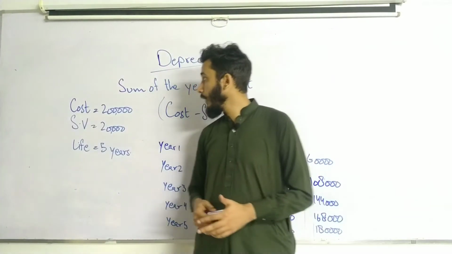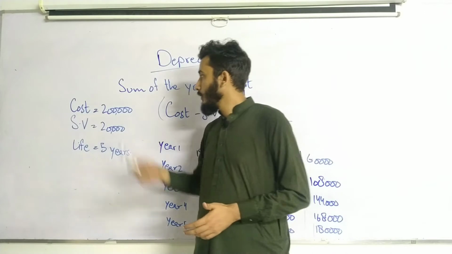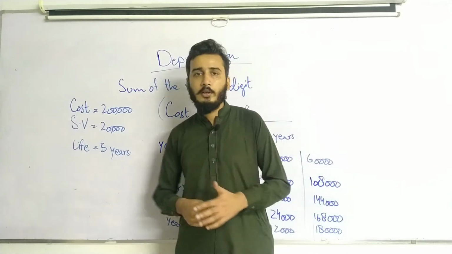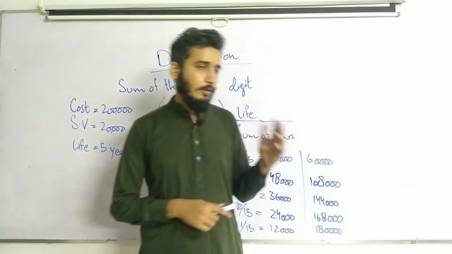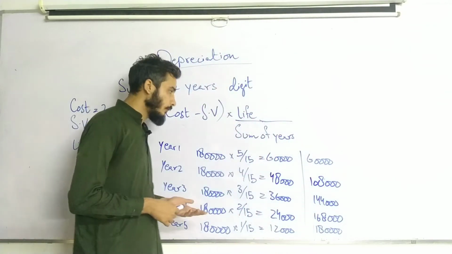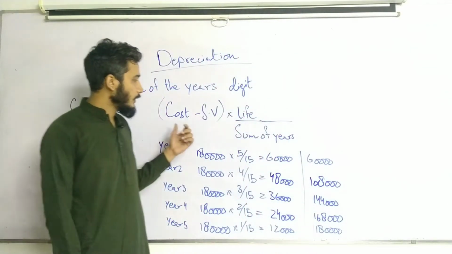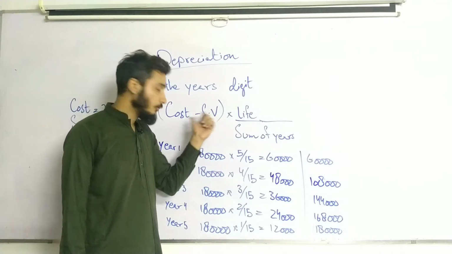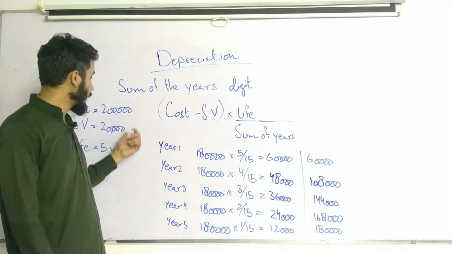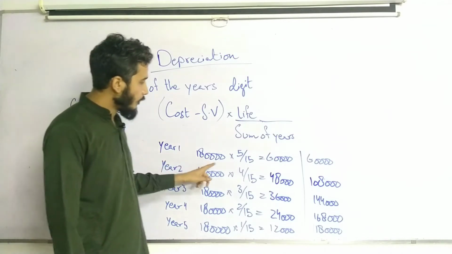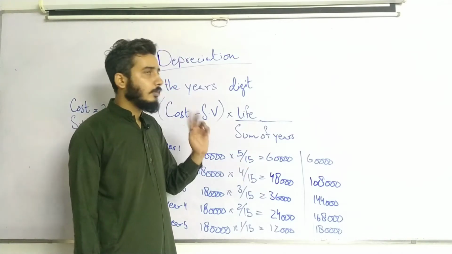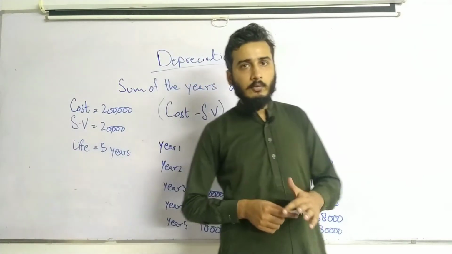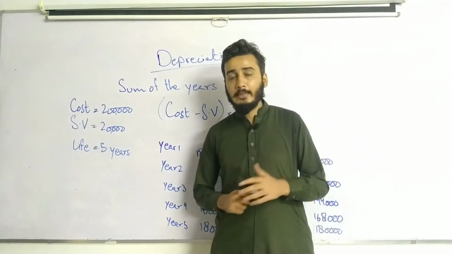Okay, so here we have a question, the same one, cost is 200,000, scrap value is 20,000, and life in years 5. So we have come to know that how to take out the sum of years, and now we are going to put it into the formula, which is cost minus the scrap value, and that is 200,000 minus 20,000, 180,000, multiply by, I shall divide the life which is left over as per asset.